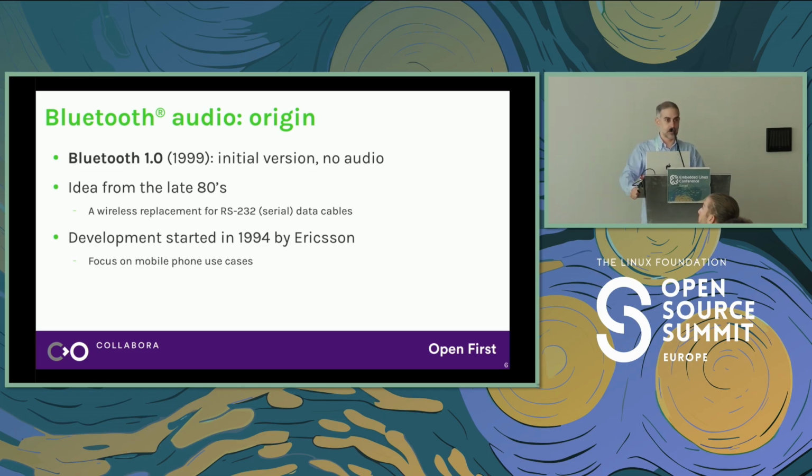Bluetooth audio, where did it come from? Like, what is Bluetooth anyway? How did this start? So the idea came from the late 80s, where people were trying to find a way to replace serial data cables with something that would be wireless. And initially, the idea, I think, was for accessories like your keyboard or things like that.